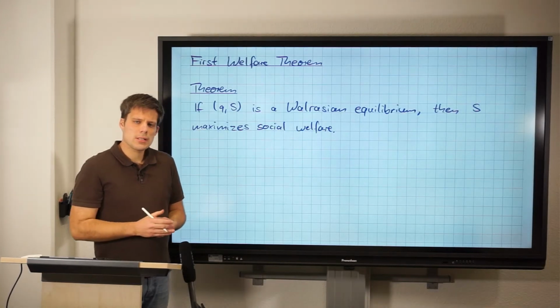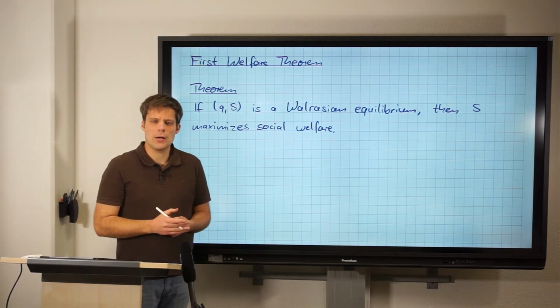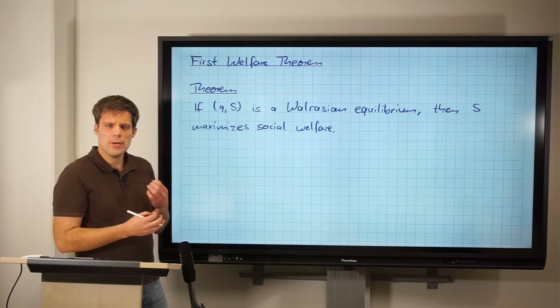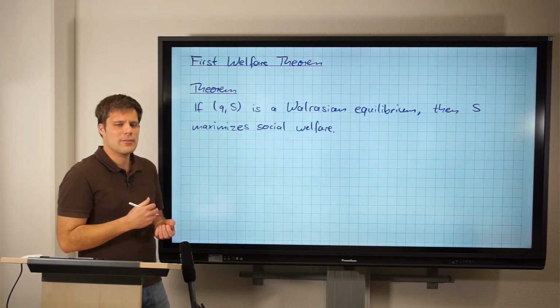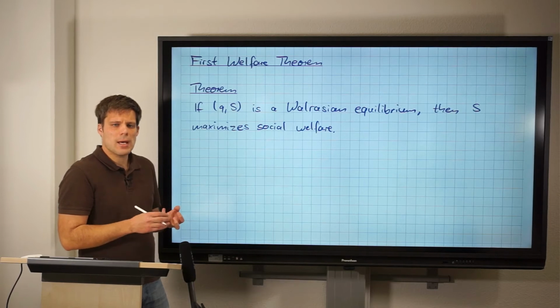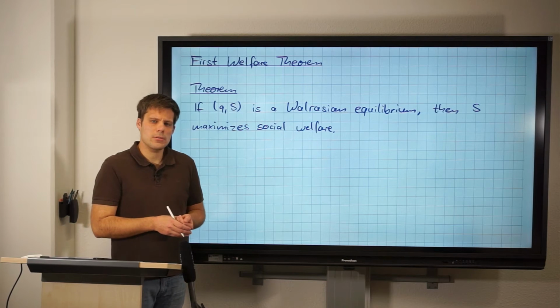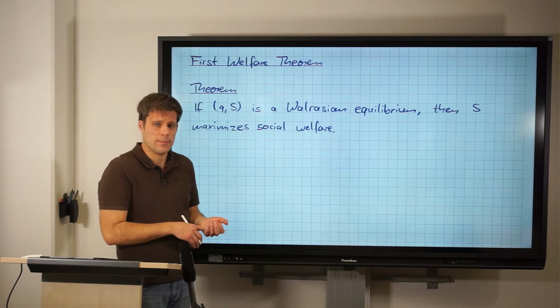This result is often referred to as "markets are efficient". If you have a not so close look at this, then it says however you set prices, you will end up in a state that maximizes social welfare. Although this is not quite true, because as we've seen, Walrasian equilibria do not necessarily exist.